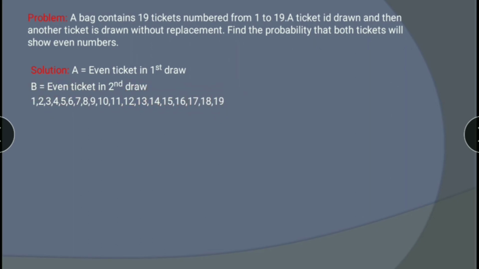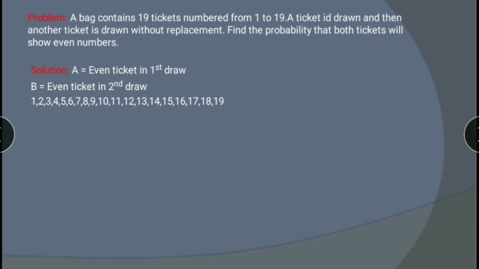Even numbers are 2, 4, 6, 8, 10, 12, 14, 16 and 18. So there are 9 even numbers: 1, 2, 3, 4, 5, 6, 7, 8, 9. So total number of favorable outcomes is 9 here.